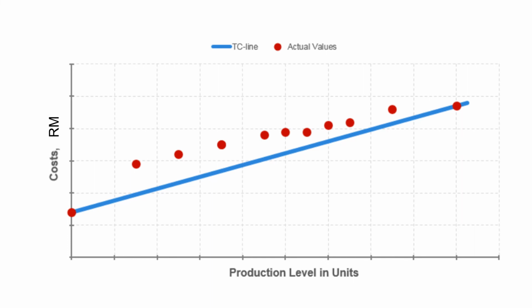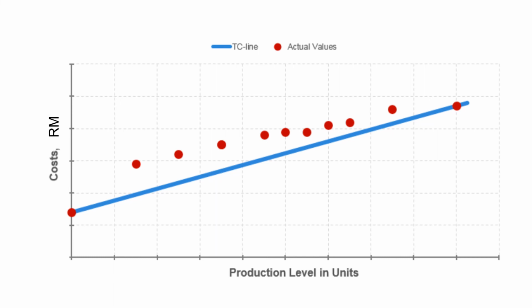As we can see here, there is a blue straight line and a few red dots. The straight line indicates the total cost line, and as we can see, the highest and the lowest costs are on the straight line, the ones that we use for the high-low method just now.